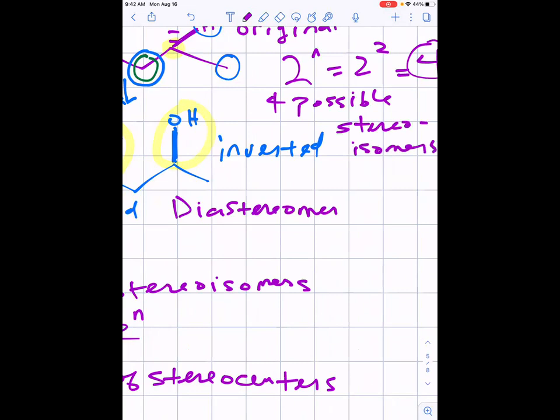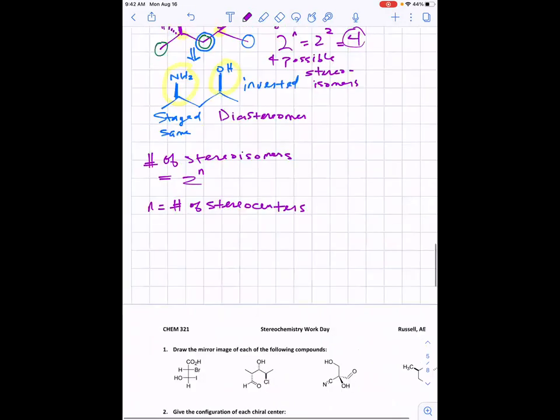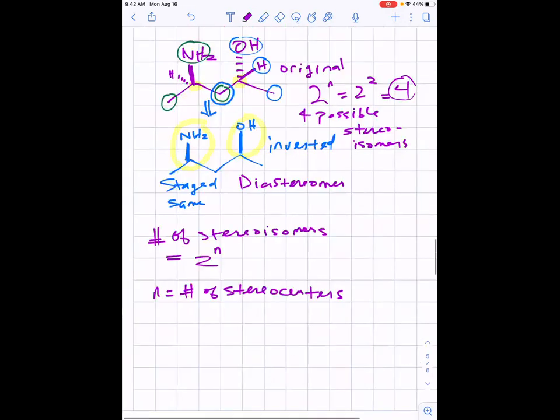Are y'all following that? We have 2 shown right here. Is that right? Yeah. So that means that there are 2 more that are possible.